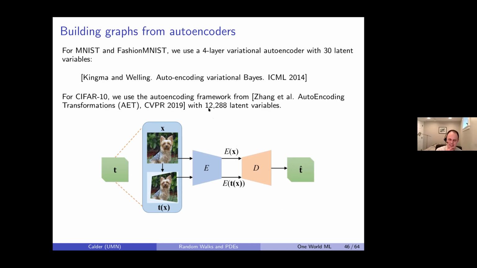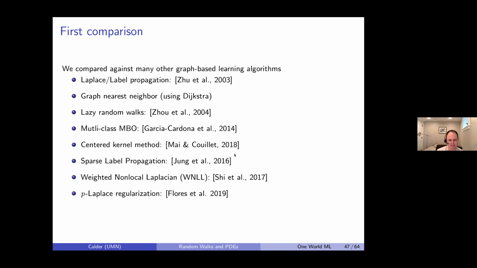It's actually not really dimension reduction. It ended up using 12,000 latent variables, which is about 10 times as many as the number of pixels in the CIFAR-10 images themselves. We compared against a lot of different methods for semi-supervised learning. In the first round that I'll show here, these are all methods that don't use prior knowledge about the size of the different classes.